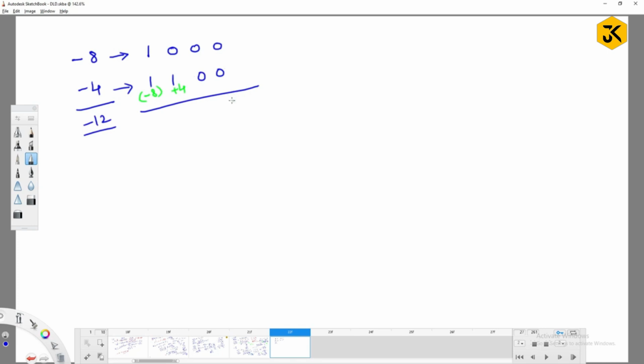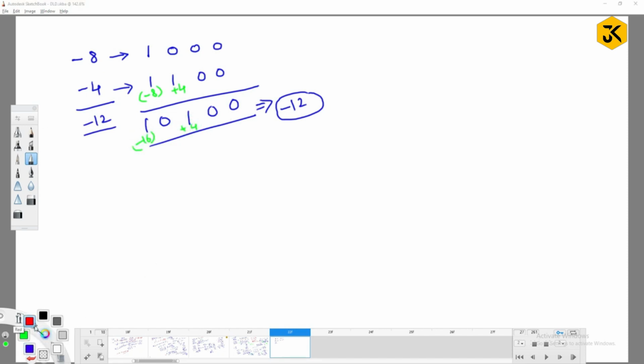Try to add now: 0 1 1 0. What is this entire value? Minus 12 only. Why? Because this is minus 16 and this is plus 4, total is minus 12.